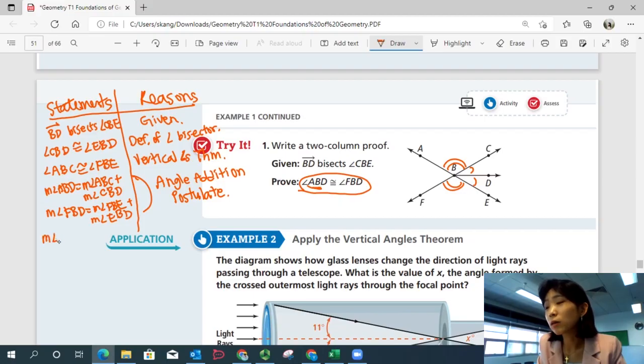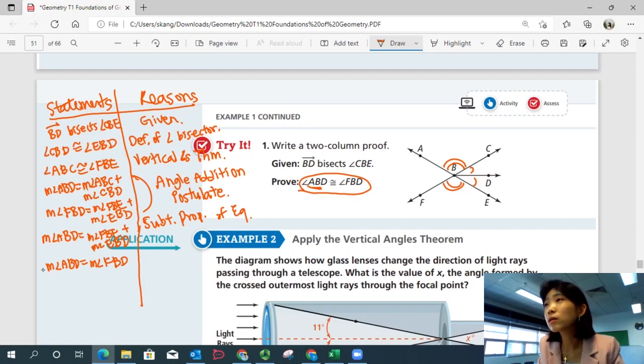And say measure of angle ABD should be the same as adding measure of angle FBE instead of ABC. Notice that substitution plus measure of angle EBD. Okay? So by substitution property of equality, we substituted FBE instead of ABC. And then you can say that the measure of angle ABD is equal to measure of angle FBD.